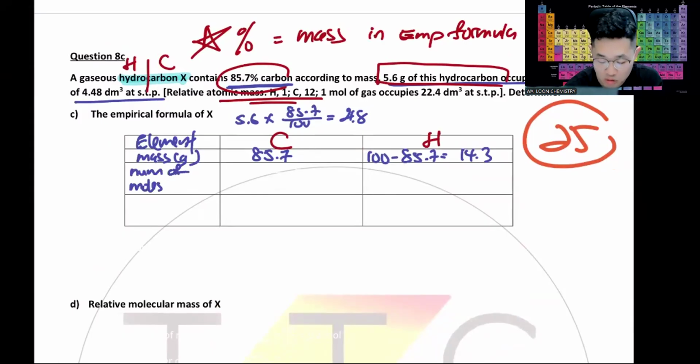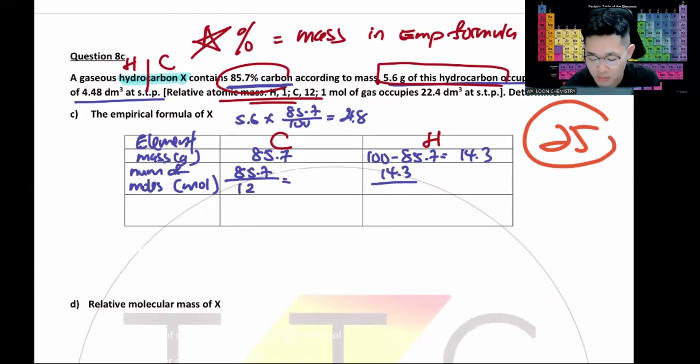I write number of moles also can. Okay, 85.7 divided by 12. Help me to press the calculator, thanks. And 14.3 divided by 1, I get 14.3.